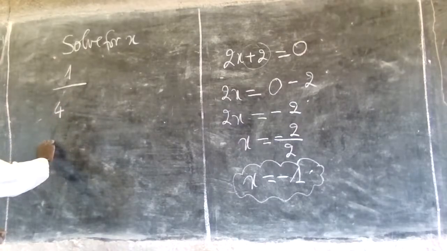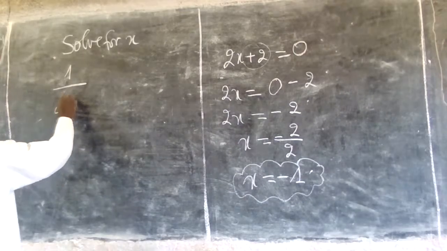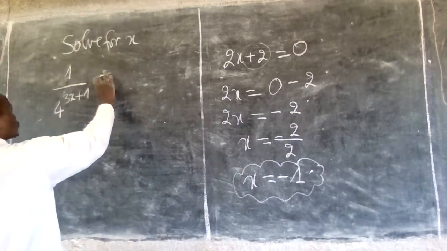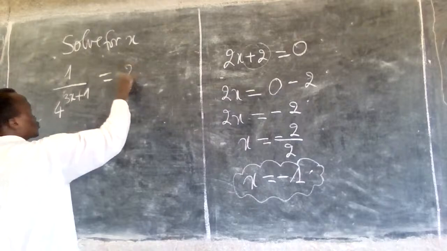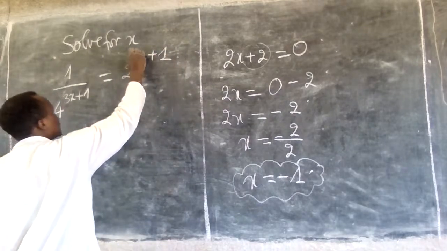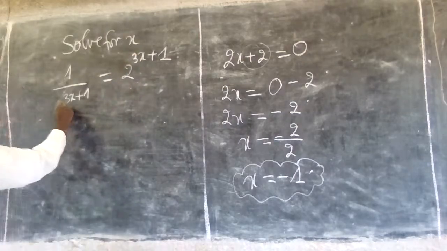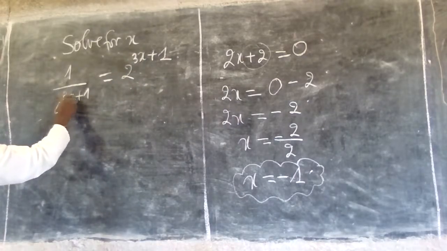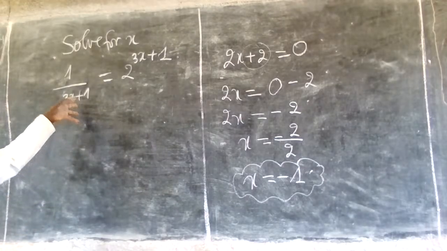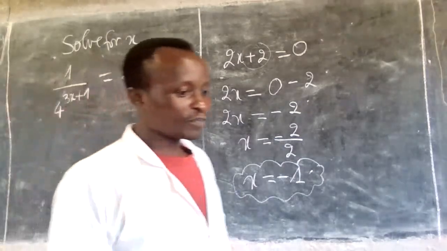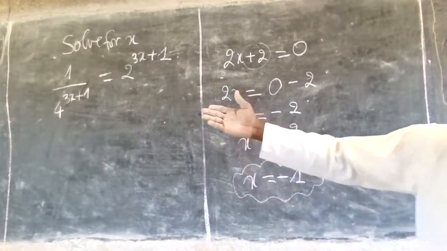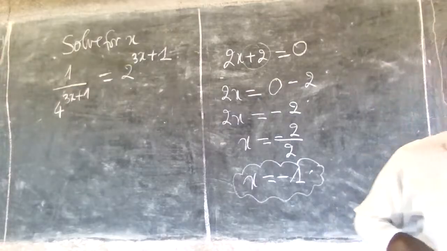For example, I'm giving this: 4 power minus 3x plus 1 is equal to 2 power 2x plus 1. I need you to solve this equation, please. How should you solve that kind of exponential equation?